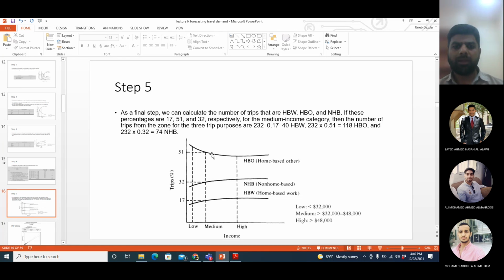Okay. So again, we found it from the origin destination survey. An extra survey was done, and in the origin destination survey they asked how many trips for each purpose for each income category. For example, the numbers are shown for medium income.